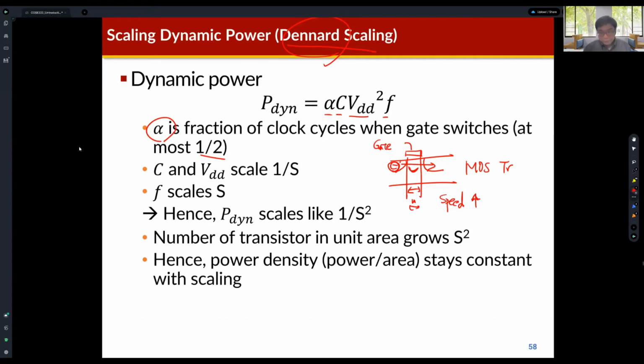Also, this channel width determines the size of a transistor. Okay. If we reduce the channel width as 1 over S, this S is the scaling factor.